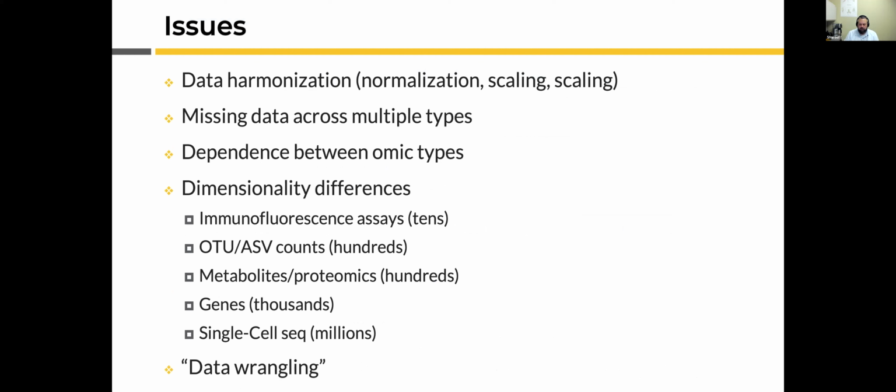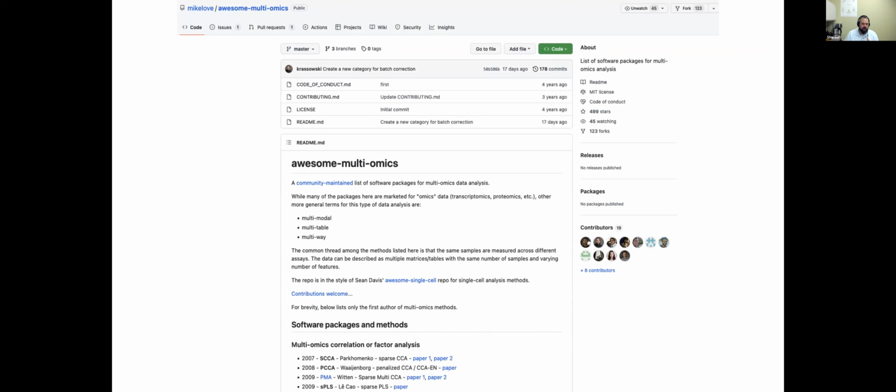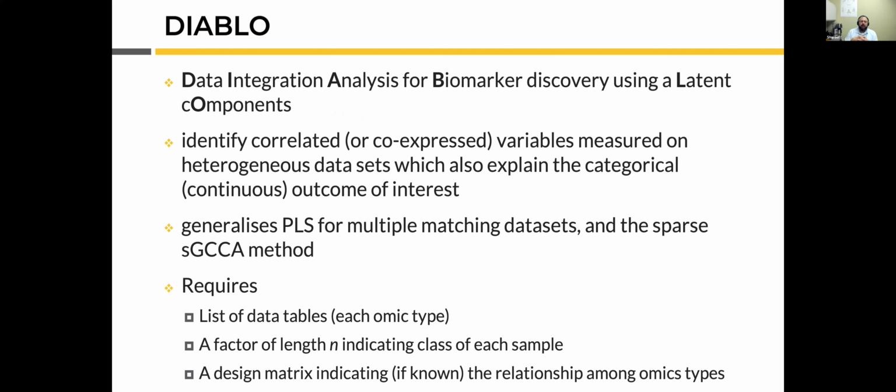Would you expect a direct relationship between DNA and RNA? Yes. Between DNA and metabolites? Maybe, there is some relationship there. It's perhaps not exactly direct, so you might scale that down. The next method I'm going to talk about can actually help you figure that out.